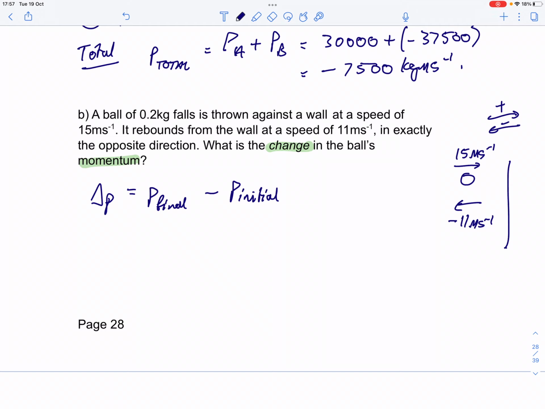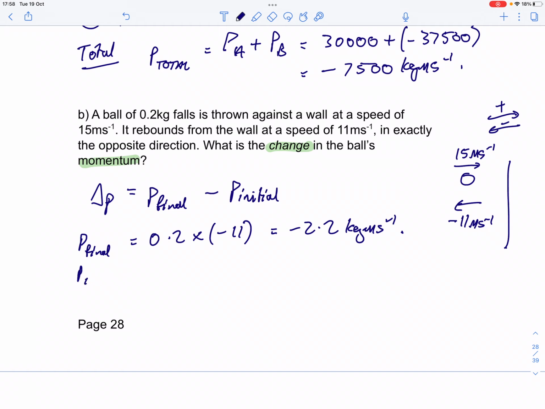Always final minus initial. So we need to work out the momentum of the ball after it hit the wall and before it hit the wall. I'm going to do those separately, just so it's step by step. The final momentum is going to be 0.2 kilograms multiplied by our final velocity, which is minus 11, which gives minus 2.2 kilogram meters per second.